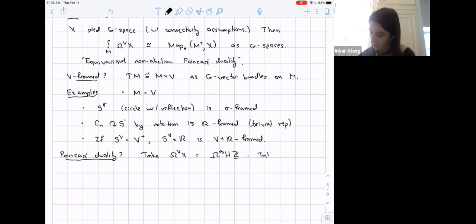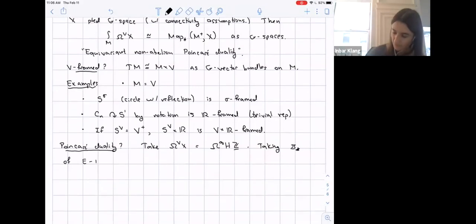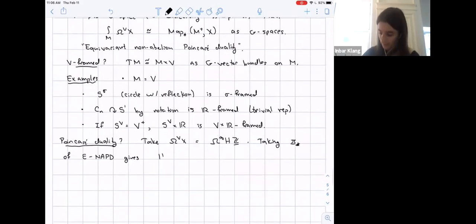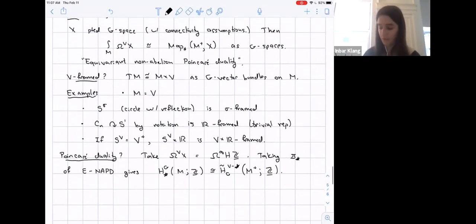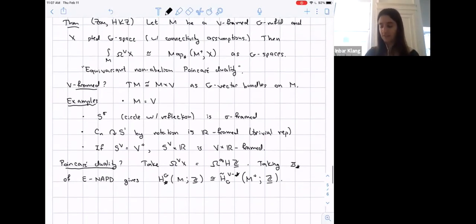So taking RO(G) graded homotopy groups of the equivariant non-abelian Poincare duality theorem gives an isomorphism between the equivariant homology groups of M with coefficients in Z and the cohomology of, well, the one-point compactification of M with coefficients in Z. So again, this is some statement of equivariant Poincare duality for V-framed G manifolds.